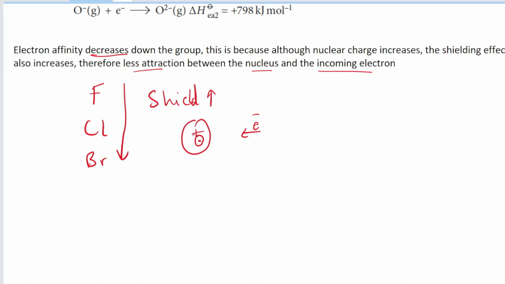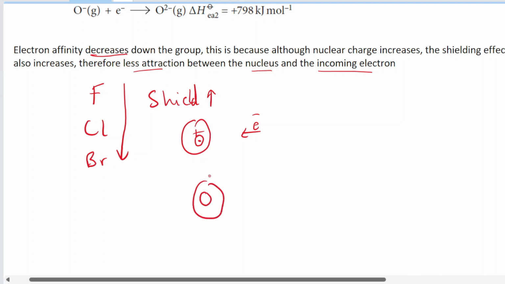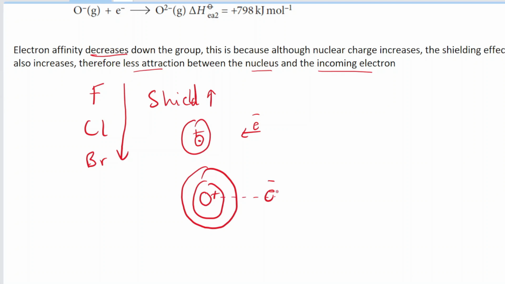The attraction for this one will be much more than for an atom that has many more shells. If the positive charge is further away from the electron, it becomes harder to attract it compared to this one. So as you go down the group, electron affinity decreases.